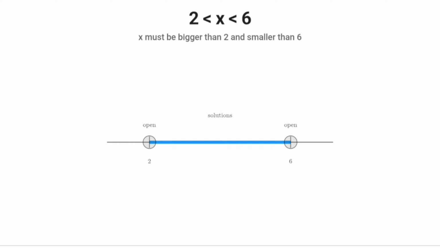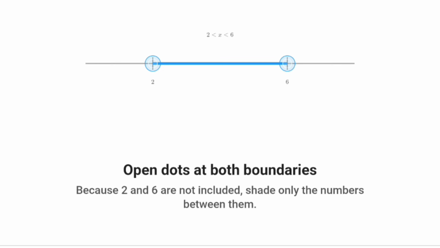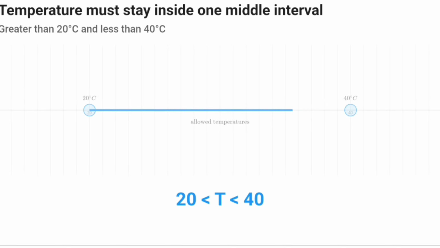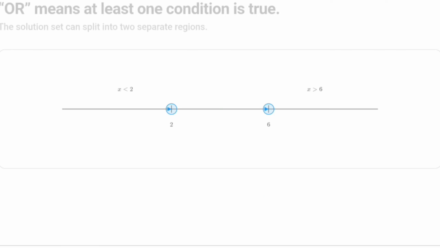So the solution lies between the two boundary numbers because 2 and 6 are not included in that statement. The graph uses open dots at both boundaries and shades only the numbers between them. A real range such as temperature greater than 20 degrees Celsius and less than 40 degrees Celsius is an and inequality because the temperature must stay inside one middle interval.